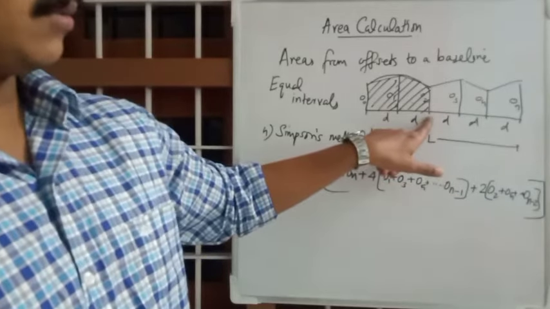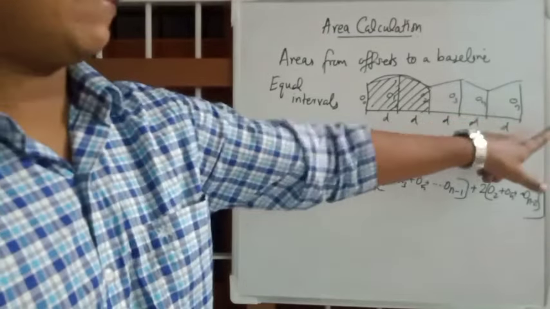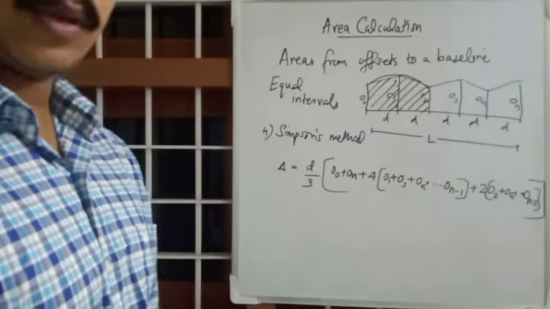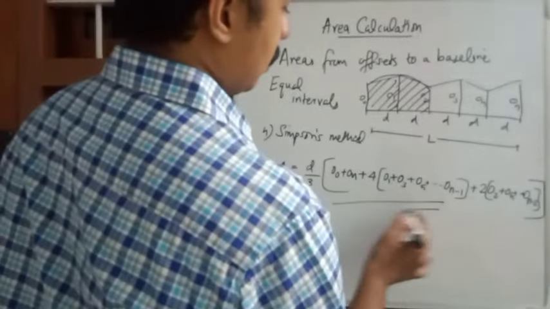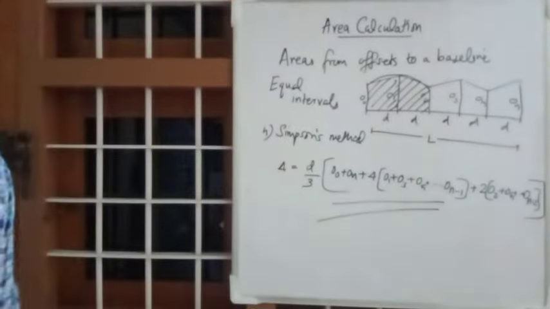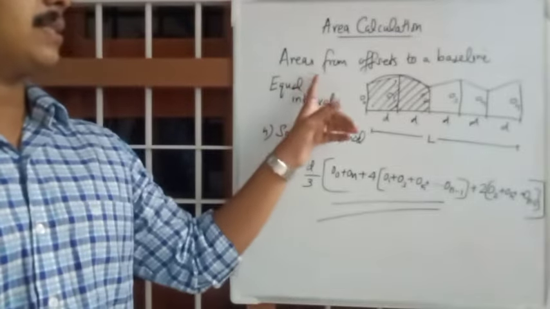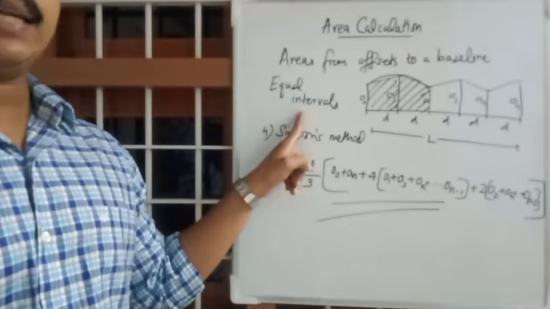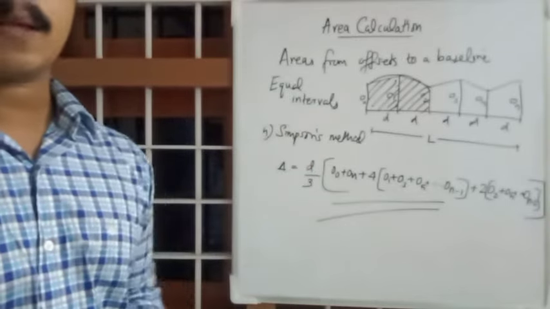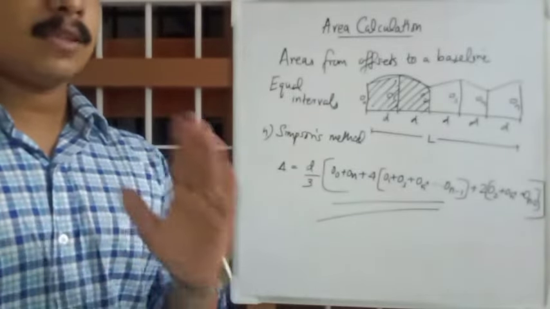Odd one, third one, fifth one, seventh one, etc. Okay, that is how we find area using Simpson's method. So those are the 4 methods to find areas from offsets to a baseline where intervals are equal. Okay, now we will do a problem.